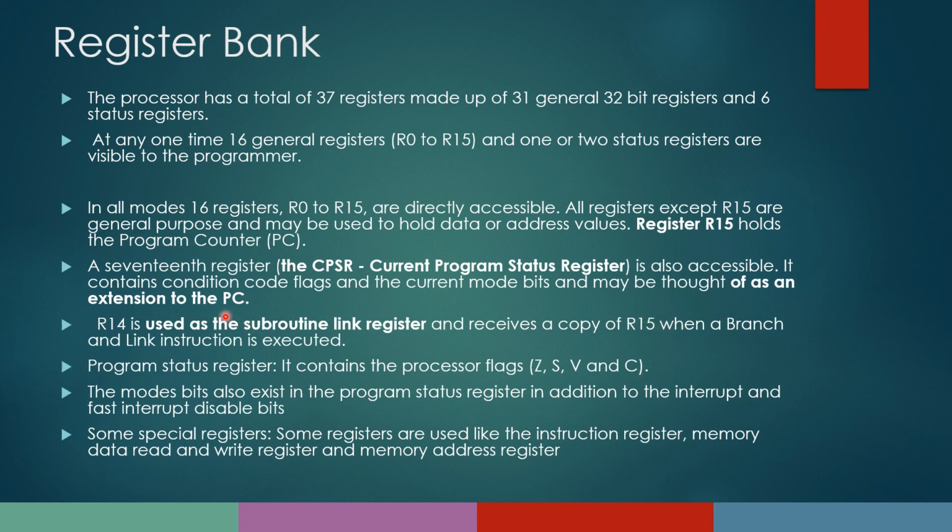This will occur only if a branch and link instruction is being executed. And the program status register may contain certain flags for special operations, and also the interrupt bits and the mode in which the processor is currently working, that is the mode bits, etc. So these are the main things we have to understand about the register bank.